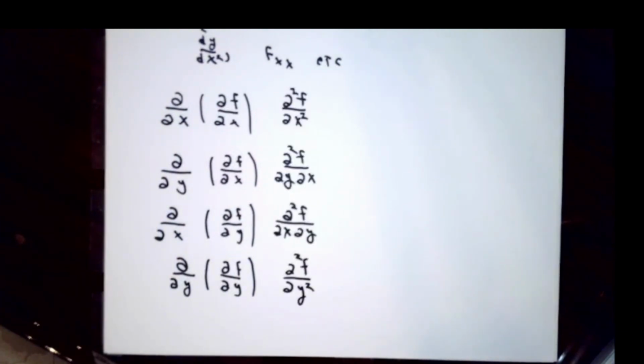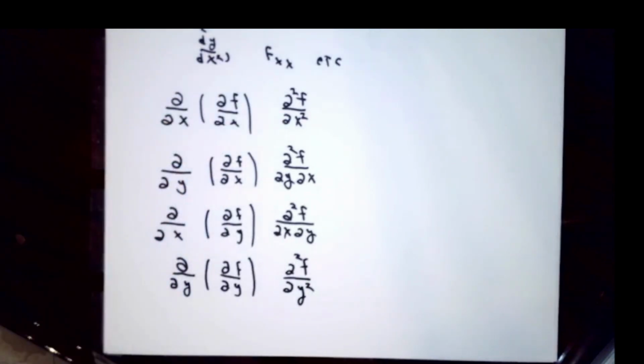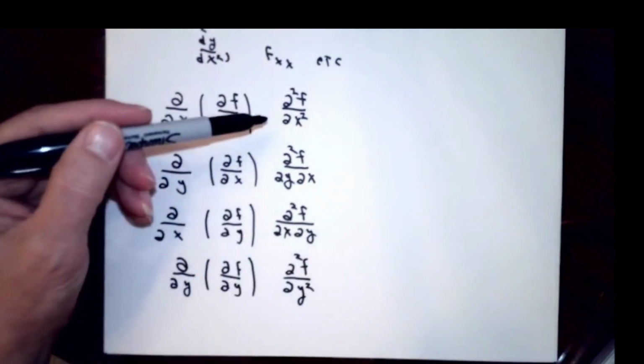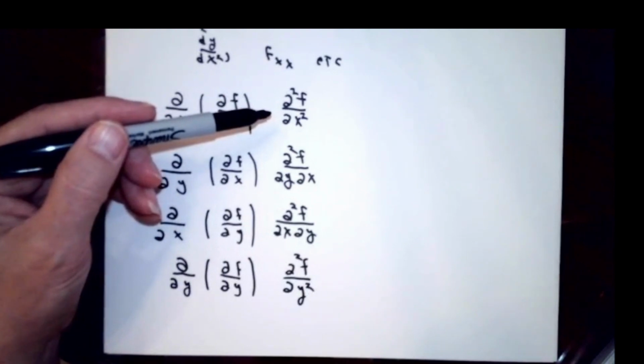In the case where I'm differentiating with respect to the same variable both times, we'll use a familiar-looking notation. We use the curly d instead of the regular d to remind ourselves that these are partial derivatives. I'd say the second partial derivative of f with respect to x.